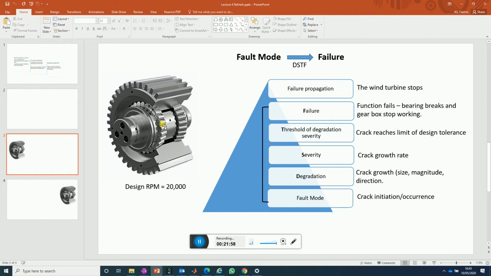Very common failures with bearings are, for example, initiation of cracks. So this bearing is now experiencing, for example, lack of lubrication after 1 year, and it starts to experience more friction, like metal to metal friction with the neighboring components.